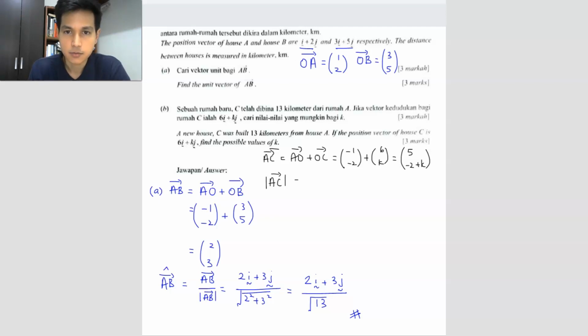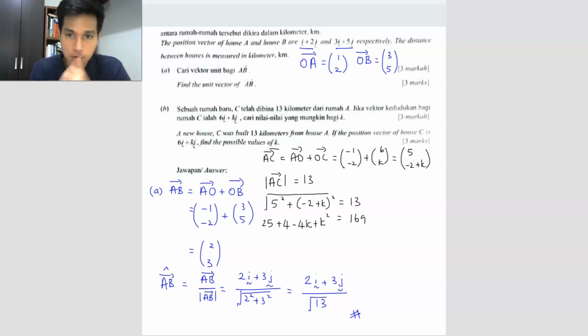Magnitude of AC equals 13 kilometers. So you take 5 squared plus negative 2 plus k squared, and square root the whole thing. You should get 13. So you bring the square root over and get 13 squared, which is 169. On the left you get 25 plus 4 minus 4k plus k squared.